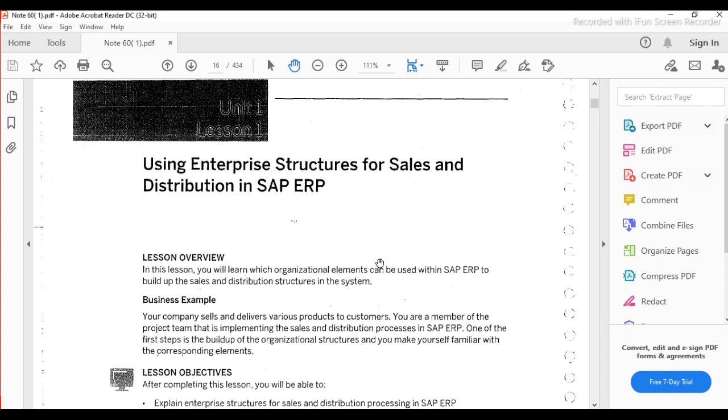I guarantee this content will definitely help you pass the SAP certification exam. You don't need to pay a high amount of money to a trainer. You can enroll directly for the examination.